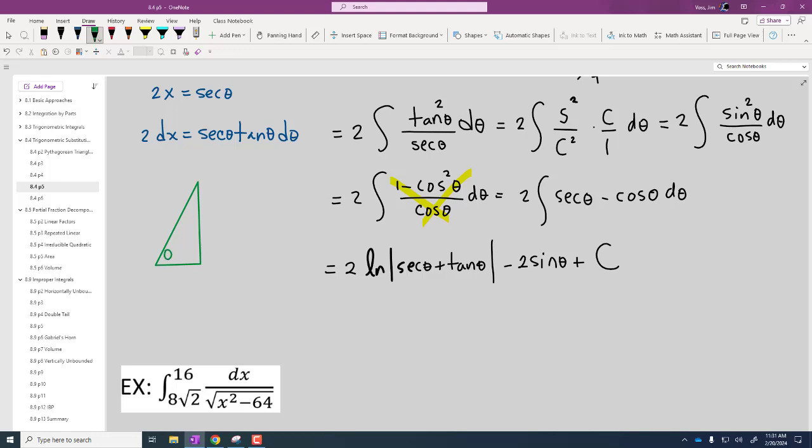Theta always goes right there. Secant is hypotenuse over adjacent, so the hypotenuse over the adjacent has to be equal to 2x. That's the simplest way to make hypotenuse over adjacent 2x, which then makes this side, by the Pythagorean theorem, the square root of 4x squared minus 1.